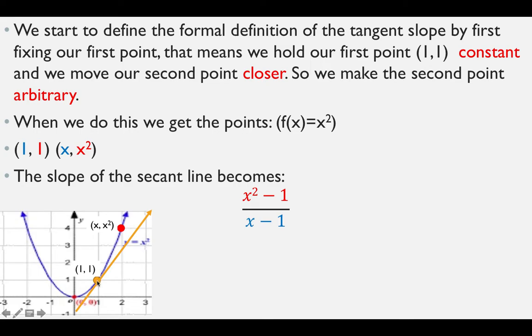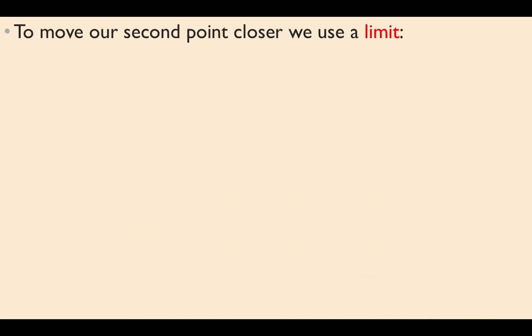And then the limit will give me the slope of the tangent line. This is what that looks like right here. So to move that second point closer, we use a limit. So now I have this expression. Now what I've got to do is find the limit of this expression, and that's going to tell me the slope of the tangent line.